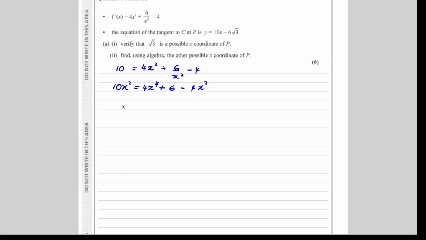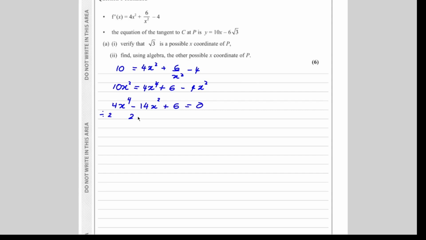Here let's bring everything to one side. 4x to the power of 4 minus, taking this one to this side, minus 10x squared minus 4x squared, both together minus 14x squared plus 6 equals 0. So I'm dividing the whole equation by 2.